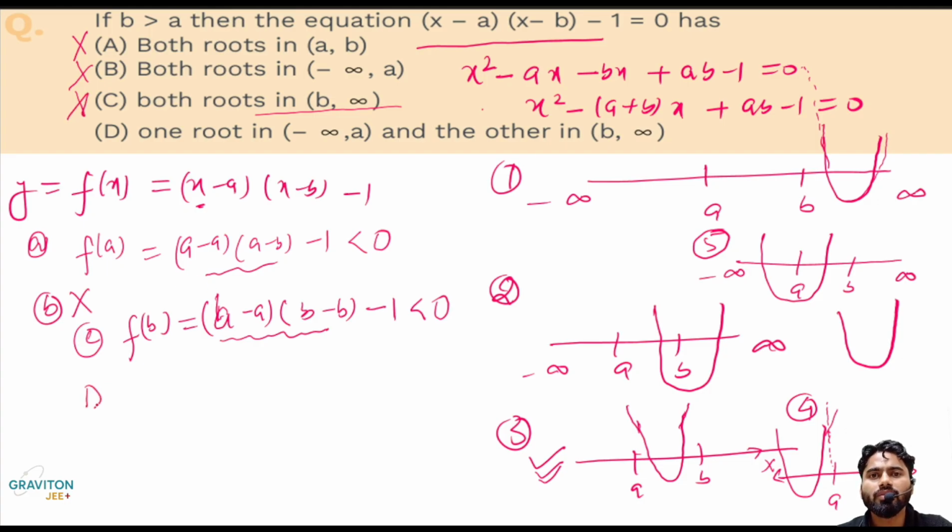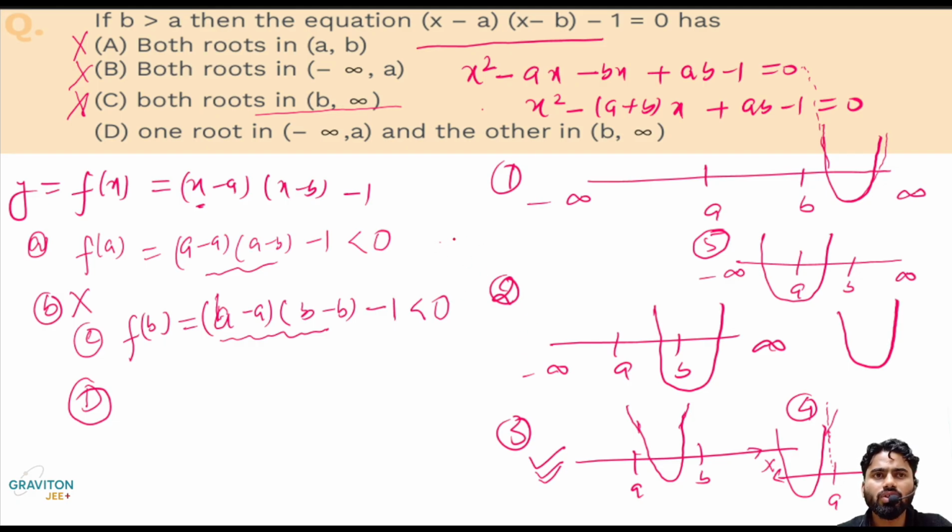Now check option D. Three conditions are not true, so the fourth condition is already true, because it is a single correct option question. Okay, but we will check, right? One root between minus infinity to a and the other in b to infinity. So which type of scenario will come?